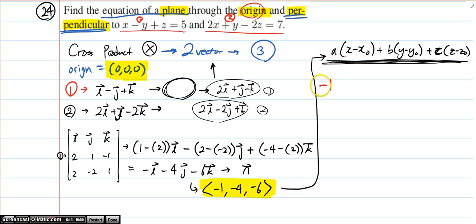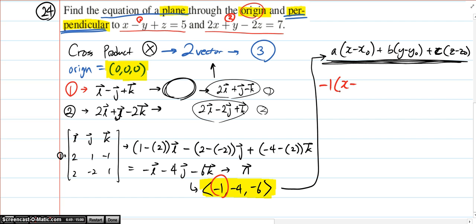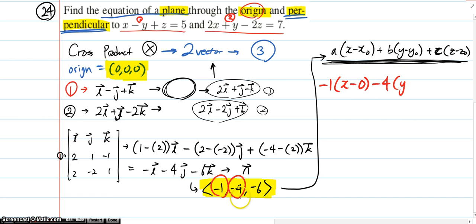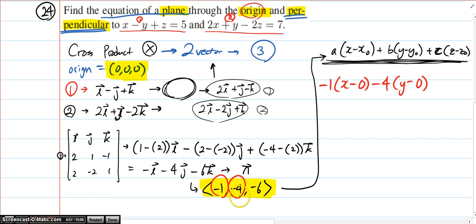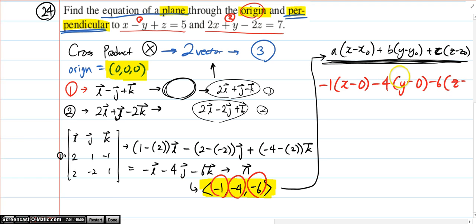It will be a is negative 1, times x minus x naught, which is 0. And then b is negative 4, times y minus y naught, which is 0. And then c is negative 6, times z minus z naught, which is 0. And this becomes negative x minus 4y minus 6z equals 0.